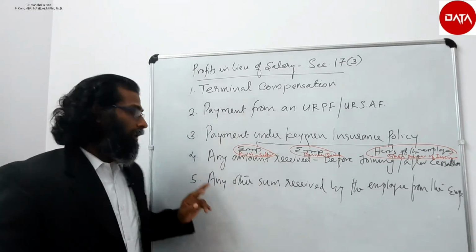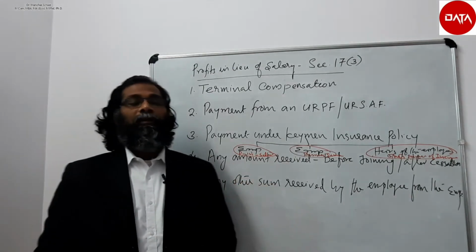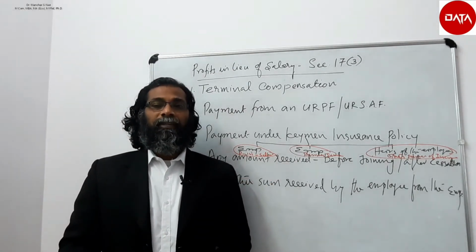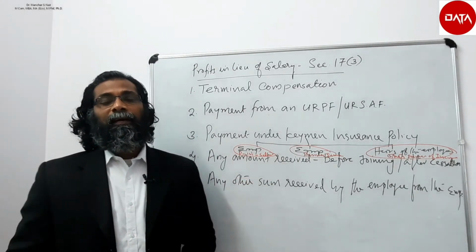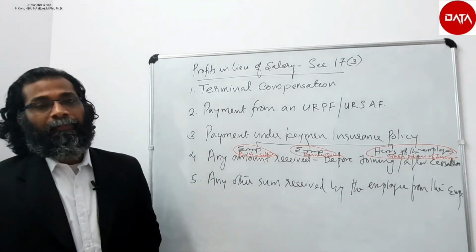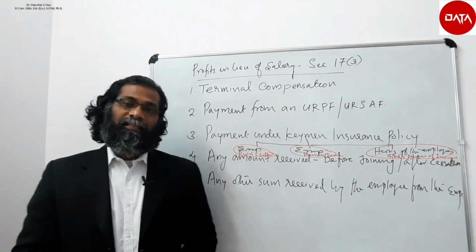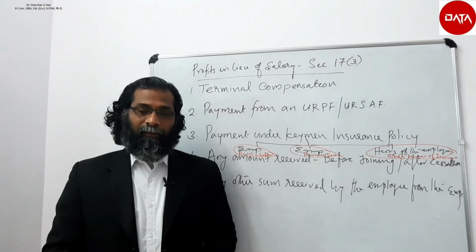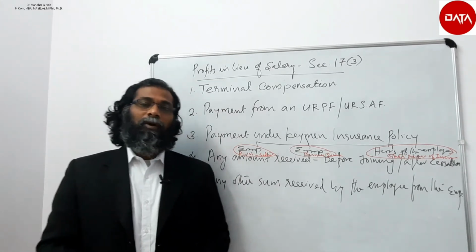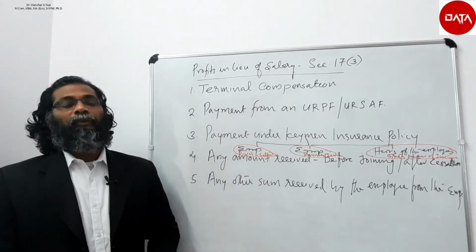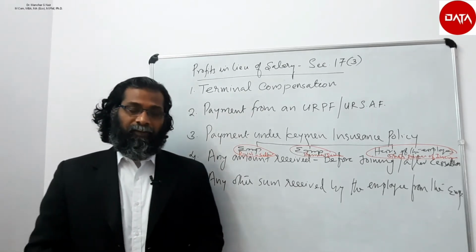The fourth point is any amount received before joining the service or after the cessation from the employment. So it may be a compensation received from the employer, or it may be any amount received from the prospective employer before joining the service.